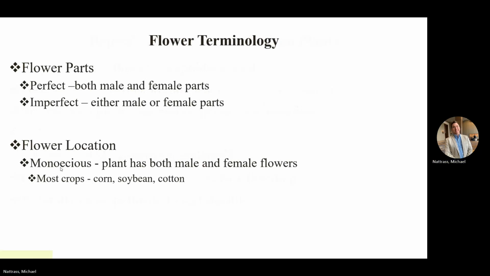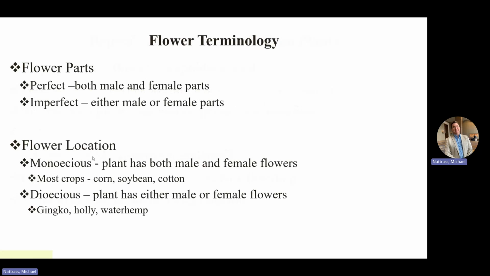Monoecious, one house. Or we have dioecious. The plant has either or, but not both. So the plant has a male flower but not a female, or a female flower but not a male flower.